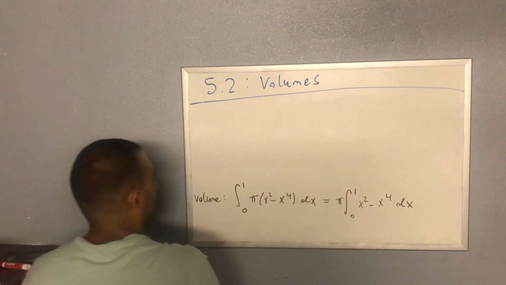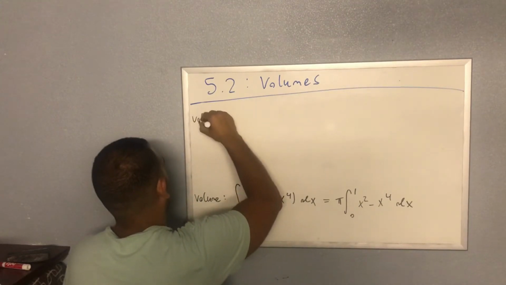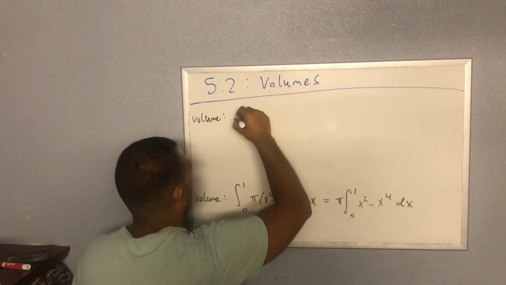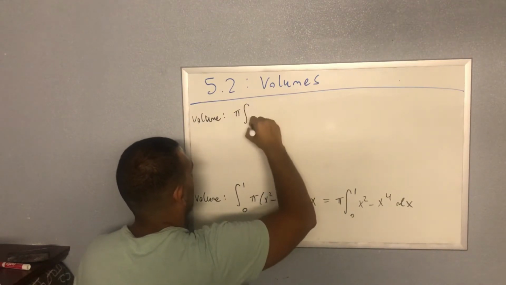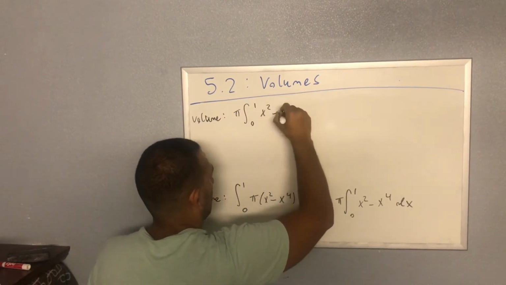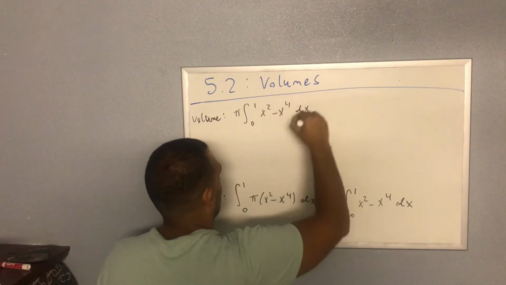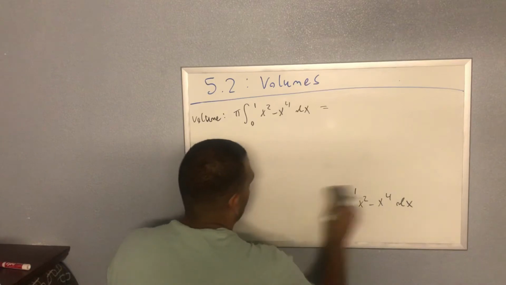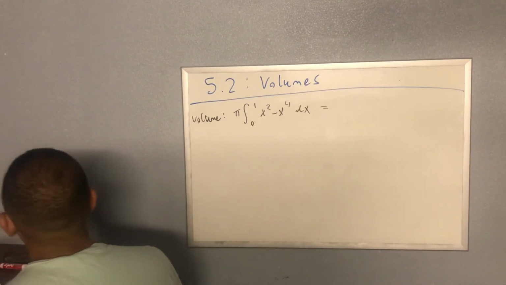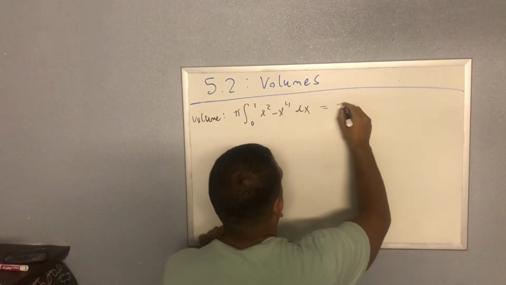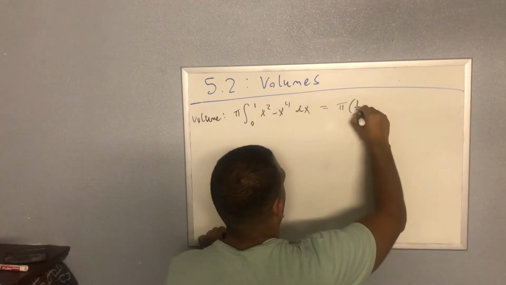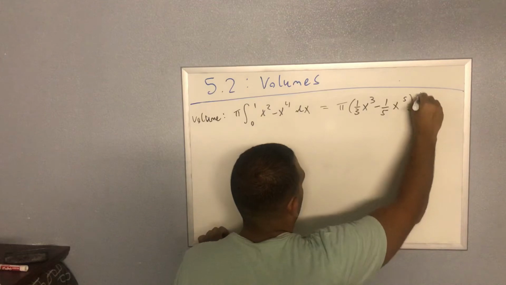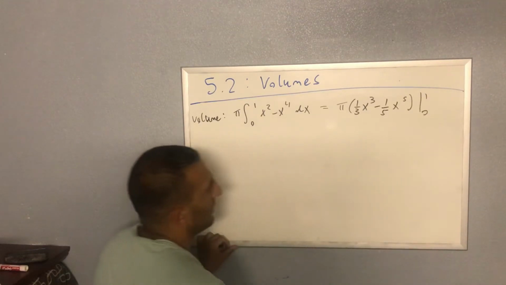So the volume is going to be pi times this guy, and then if we do the antiderivative, the power rule for the integral, this is just pi times 1/3 x cubed minus 1/5 x to the 5th, evaluated from 0 to 1.